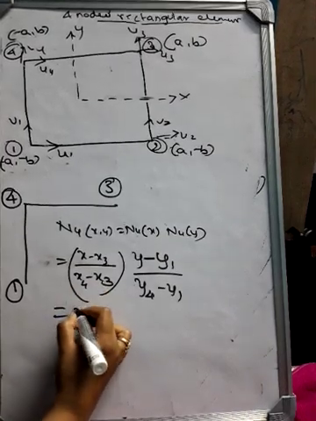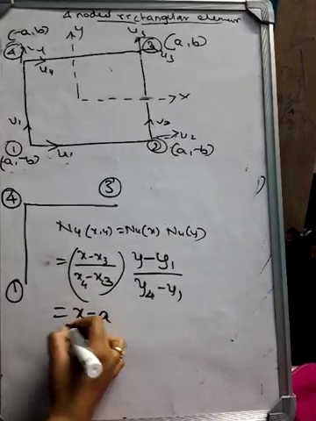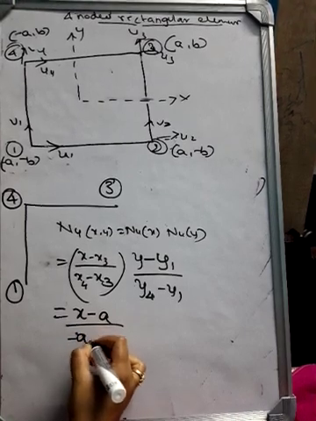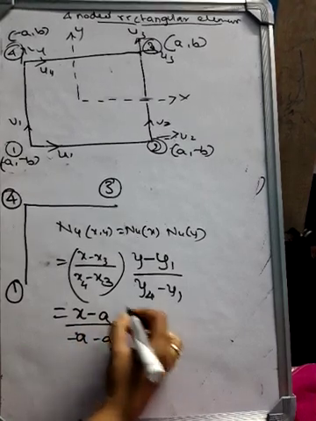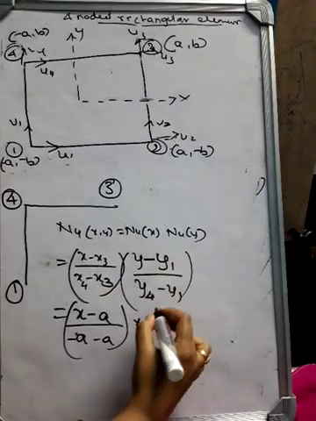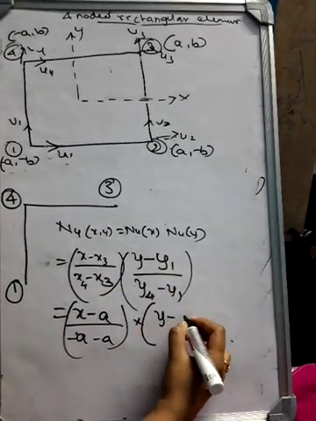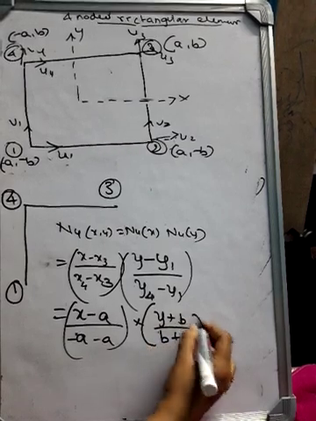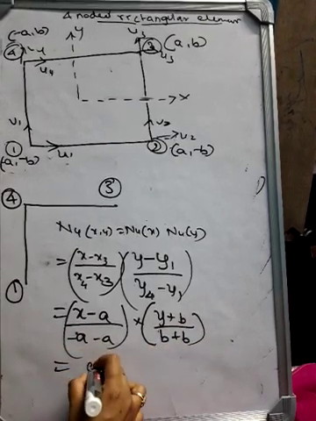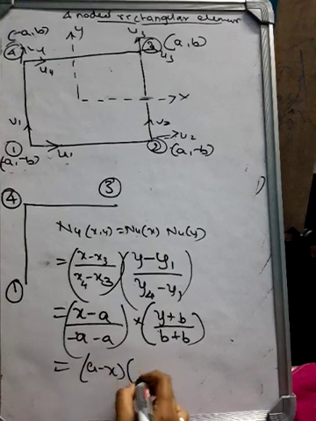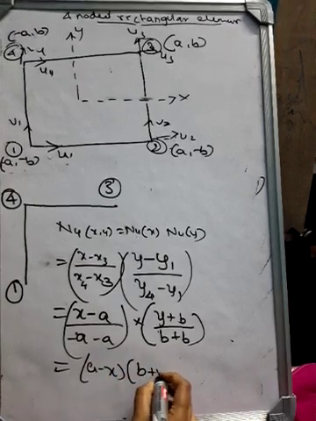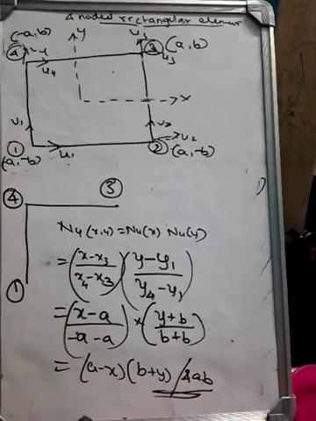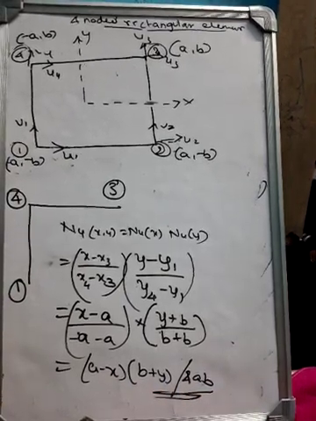Here x3 is a, x4 is minus a, and y4 minus y1 is minus 2b. So you will be getting a minus x into b plus y whole divided by 4ab. Okay, so this is the N4 value.